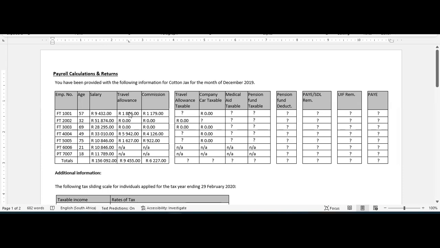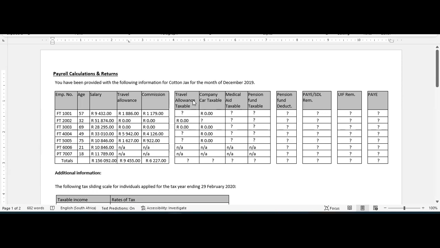They indicate to you whether there's a travel allowance applicable, and you can already, just by looking at the table, see there is an applicable travel allowance. They tell you whether the guy got any commission during the month or not, and they tell you what the totals are. So that is what you get.